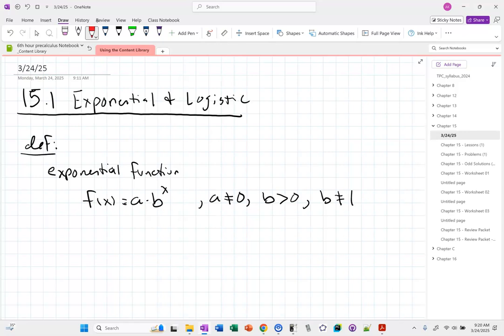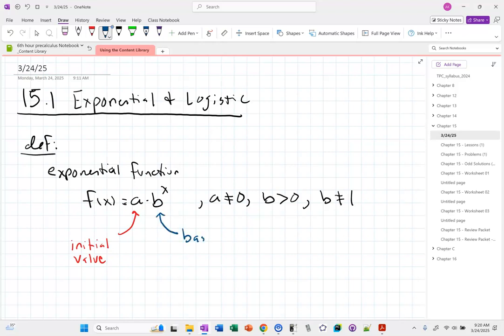So these different parts of our exponential function all get some names. This coefficient at the front, this a value, we call the initial value.